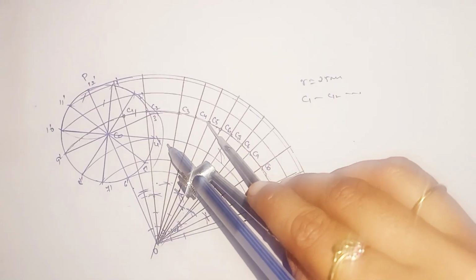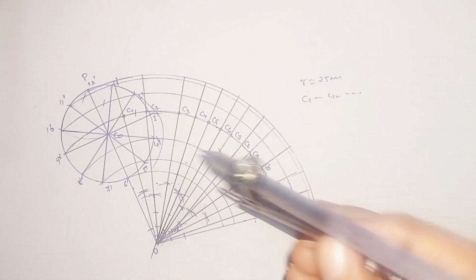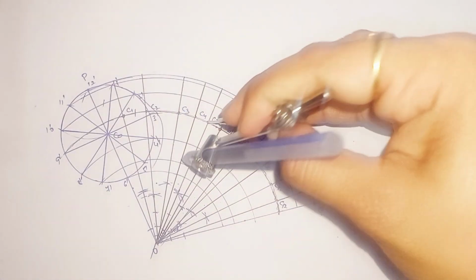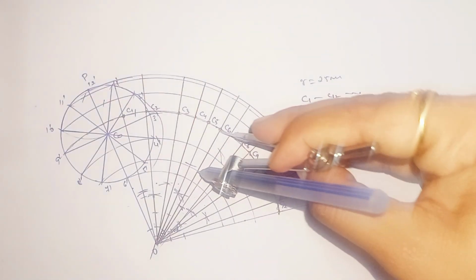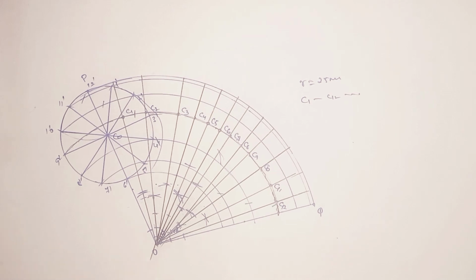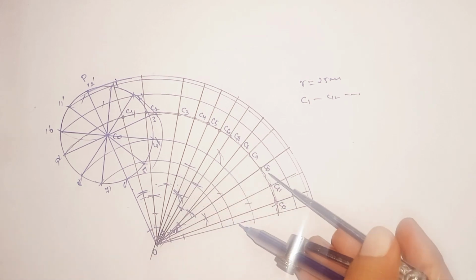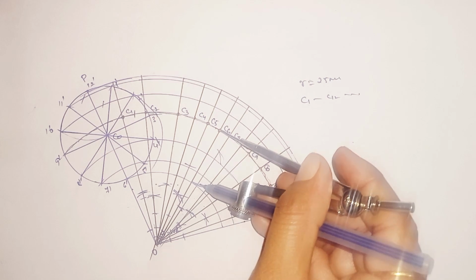C5 as a center, cut the fifth line. C6 as a center, cut the sixth line.